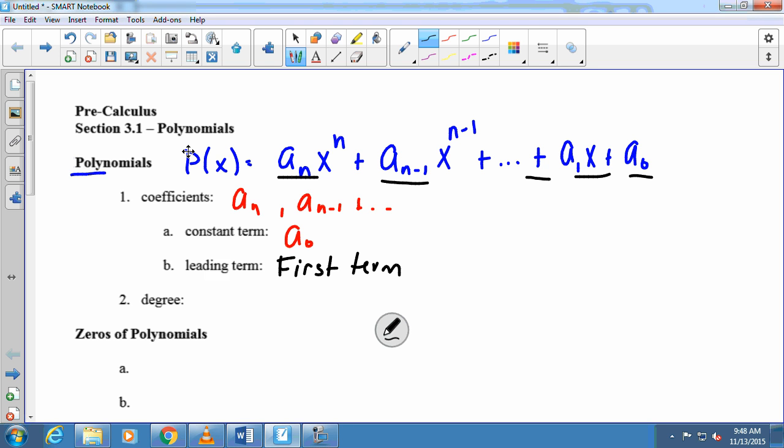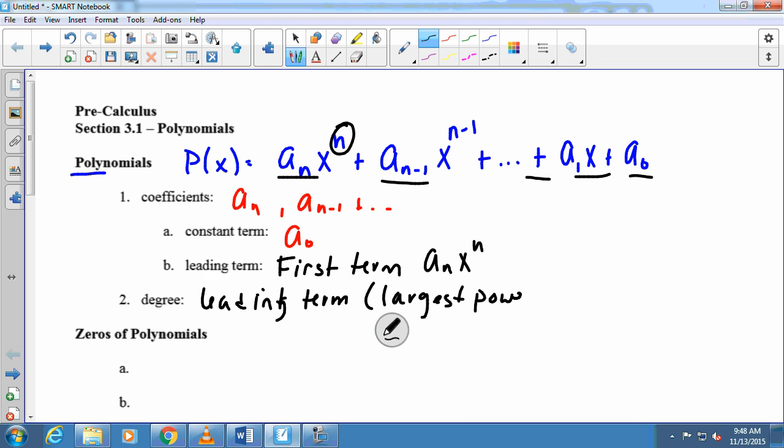And if you think about how we always organize our polynomials, we always start with the largest power in the beginning. So my leading term would be this value, a sub n, which is a coefficient, and then x to the power of n. So the degree of my polynomial comes from the leading term, and the degree is just going to be that largest power.